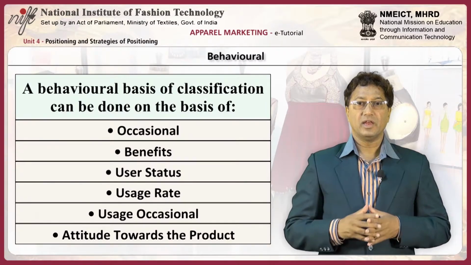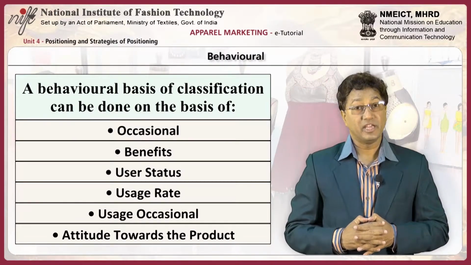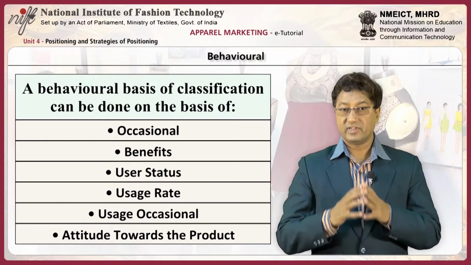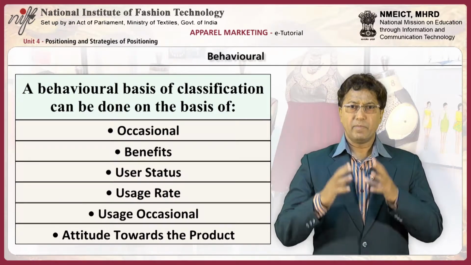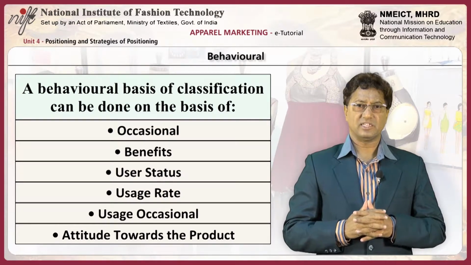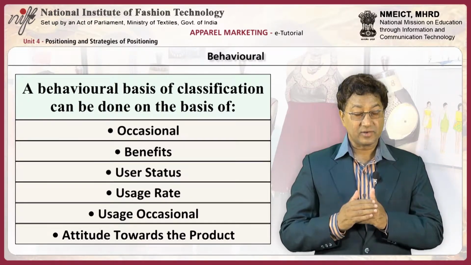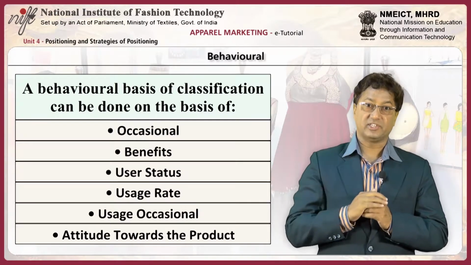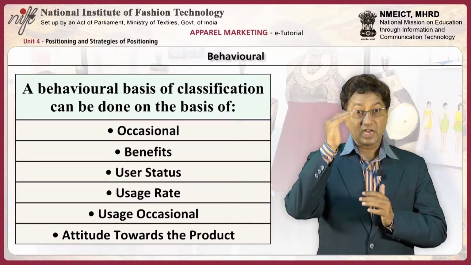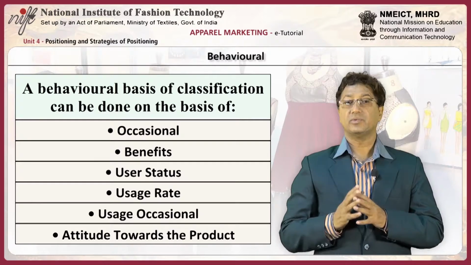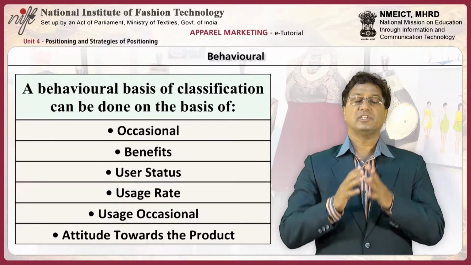Now the next classification is the behavioral. This is a very important classification that is prevailing today. A behavioral basis of classification can be done on the basis of occasional benefits, user status, usage rate, usage occasions, attitude towards the product. Now let's take the first one.